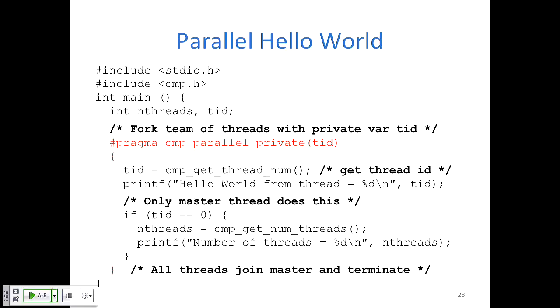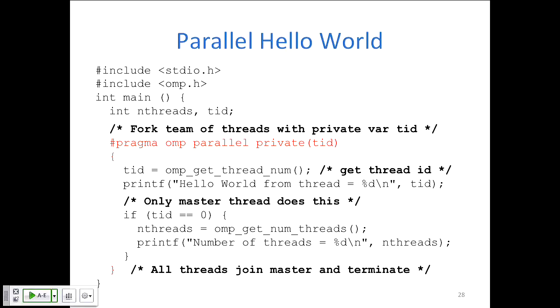So now, first thing the thread does is find out who am I. So thread ID equals OpenMP get thread num, and then you can say print out hello world from thread ID, right? So that's going to print hello world once from every thread that's active in that parallel region. Okay.